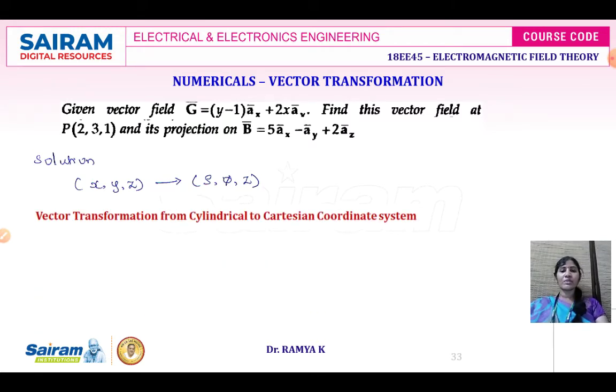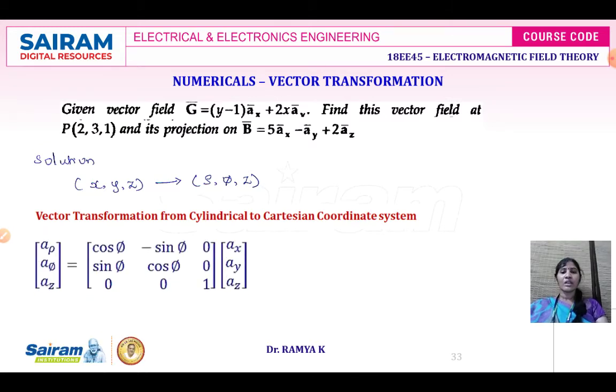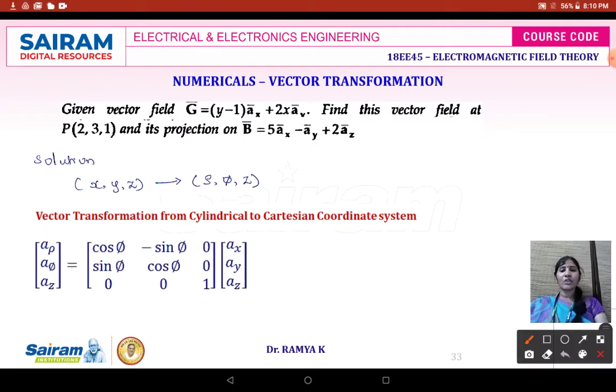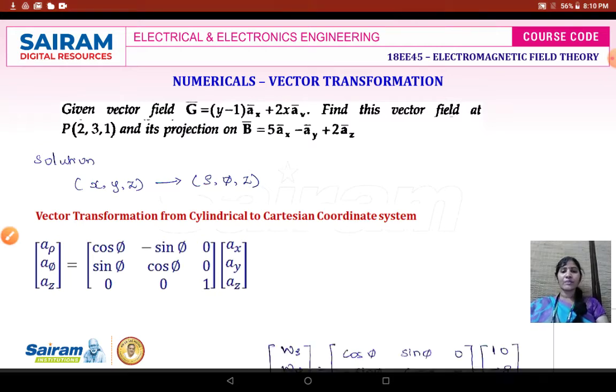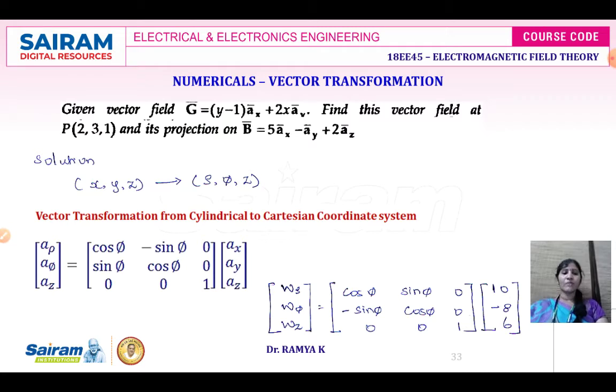The formula to be used is a rho, a phi, az, which has to be converted from xyz to rho phi z. The formula to be used is cos phi, minus sin phi, 0, sin phi, cos phi, 0, 0, 0, 1. So here the ordinates given are xyz, so W rho, W phi and Wz.